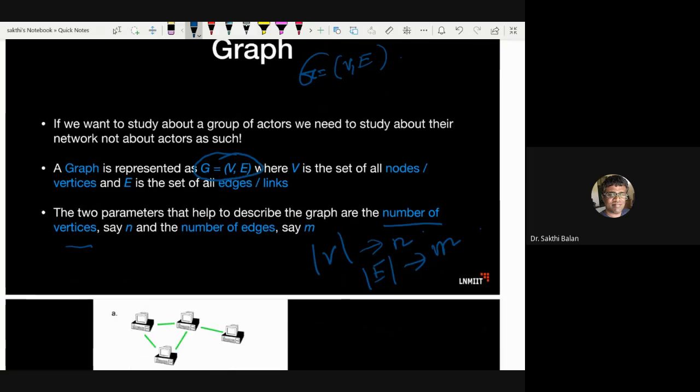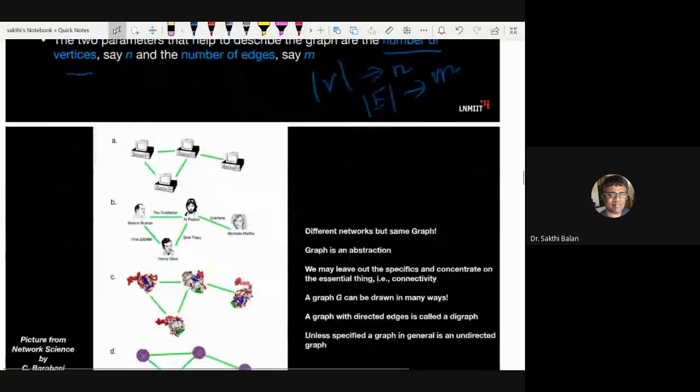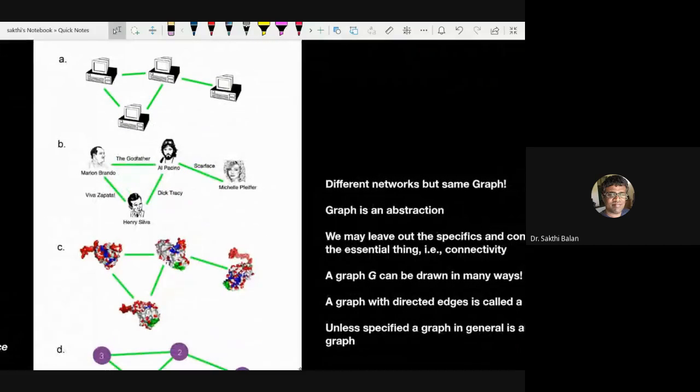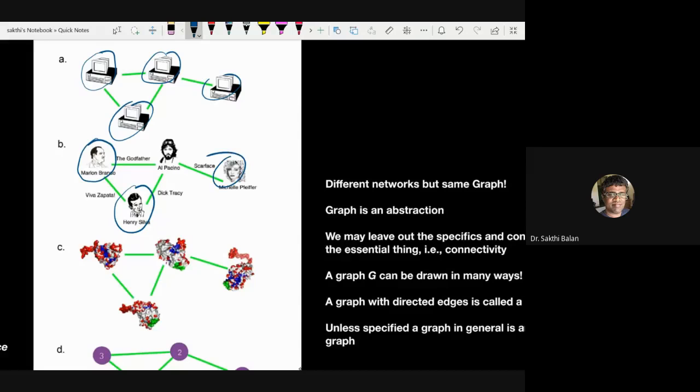The beauty of the graph is that, because it is abstract, a node can be anything. The nodes can be computers, or they can be actors who have played in Hollywood films, and the edges represent which film they did together.